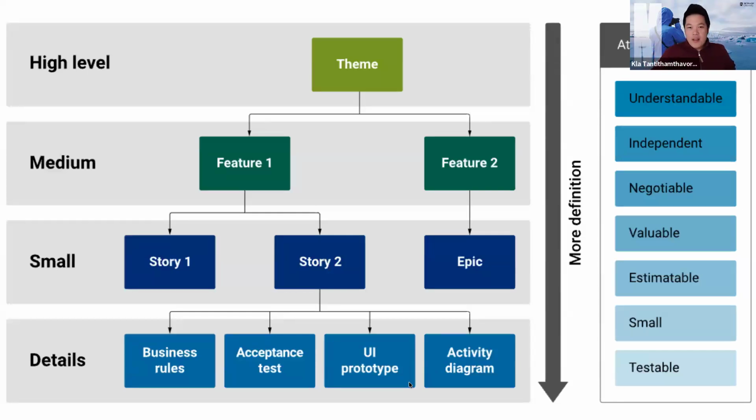For example, you should write a theme. Let's say the theme is about selling products. You want to sell the products, and there are lots of features inside the application that you want to implement. For example, one feature, online shopping cart. Another feature, discount campaign. Make sense?